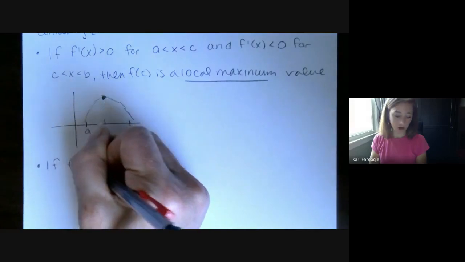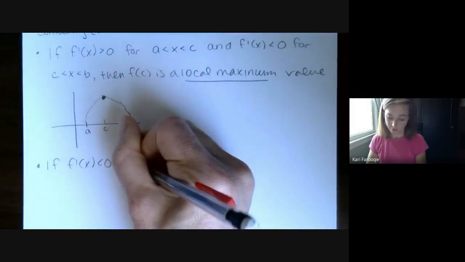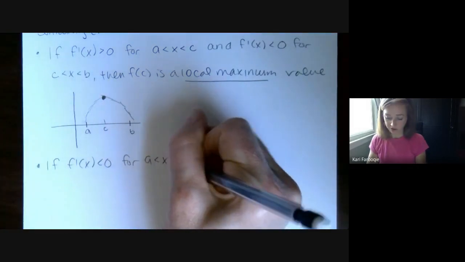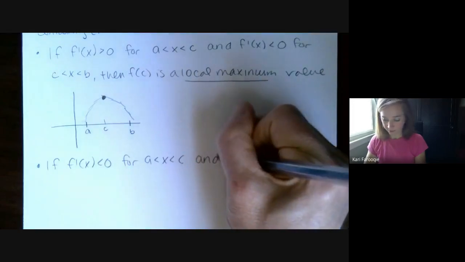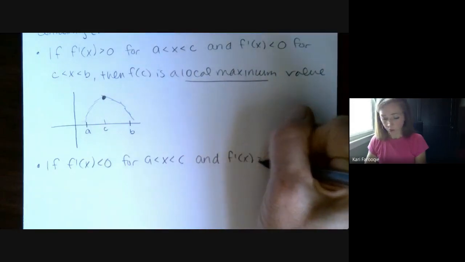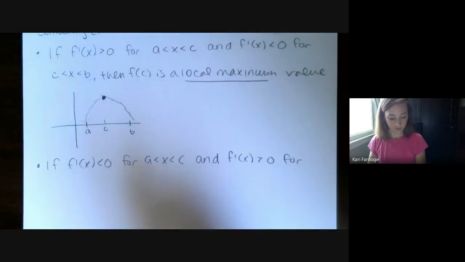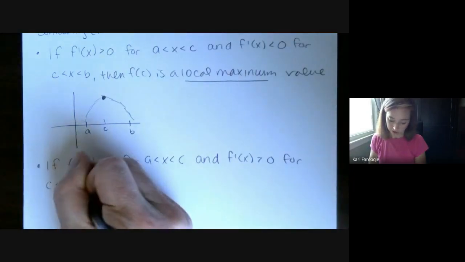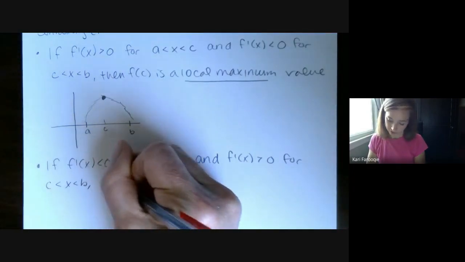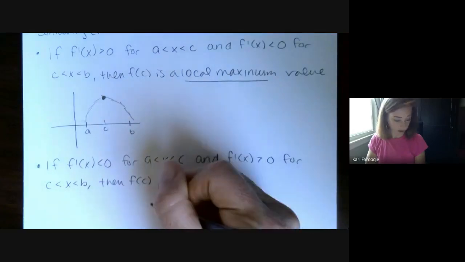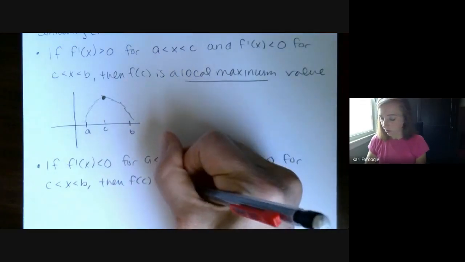If f prime of x is less than 0, so this is basically just saying the opposite, and f prime of x is greater than 0 for x being between C and B, then f of C, the function value, is a local minimum value.